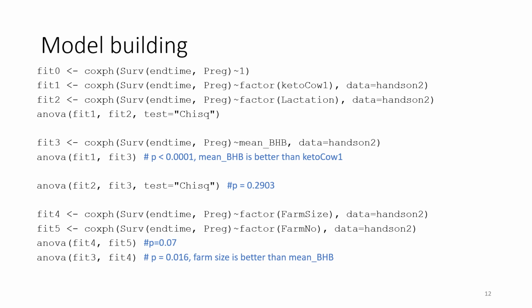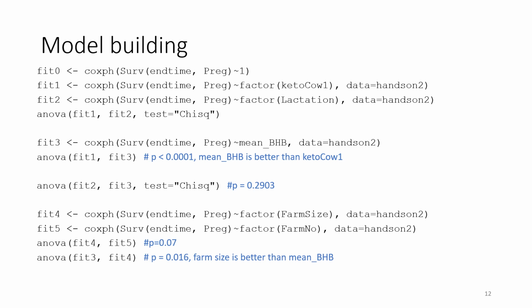We can see that the p-value is very small, so this model with mean BHB is better than the dichotomous ketotic status.